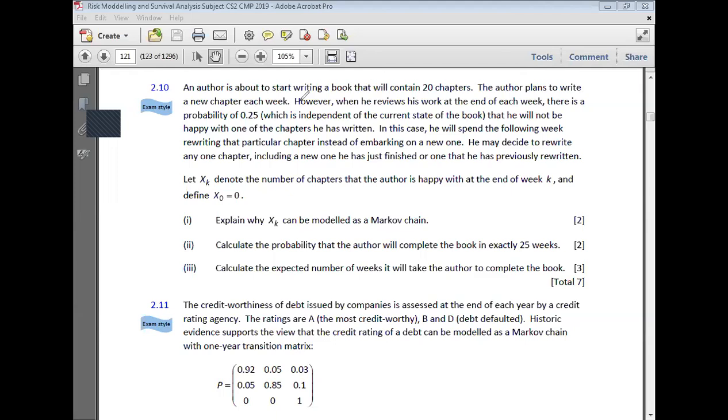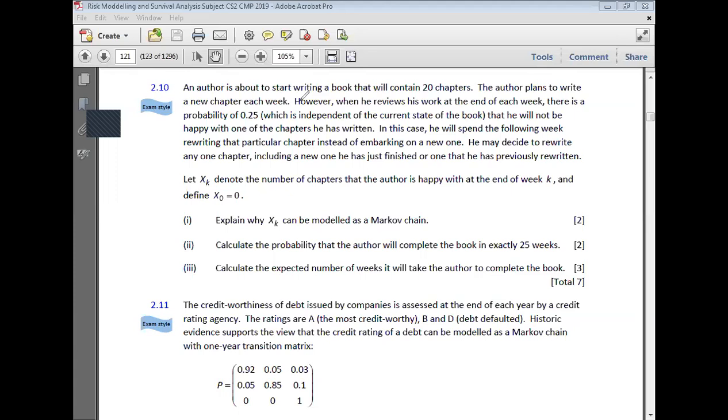Okay, so what other information do we have? First thing that we should note is that the author plans to write a new chapter each week. So he cannot write more than one chapter in 1 week. That chapter could be a new chapter or some chapter which he is not happy with that he has previously written, so he'll rewrite that chapter.